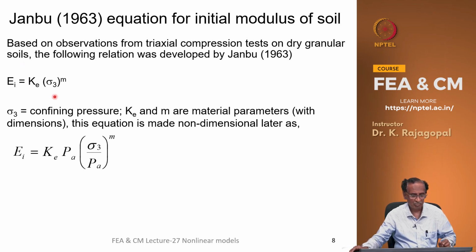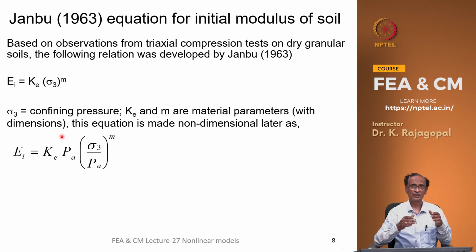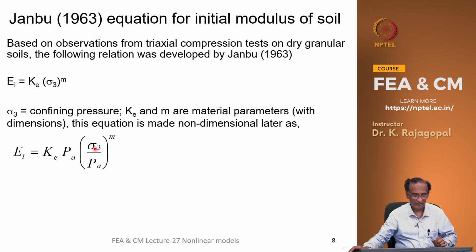So, later this equation was modified into a non-dimensional form by writing it like this: Ei is Ke times Pa times sigma 3 by Pa to the power m. Actually it is basically the same equation, but slightly rewritten by introducing an atmospheric pressure Pa, and now sigma 3 by Pa is non-dimensional.